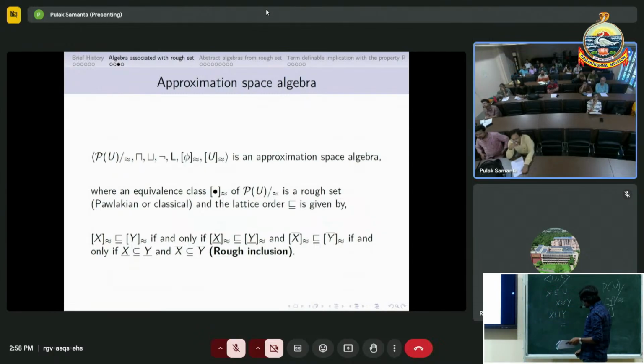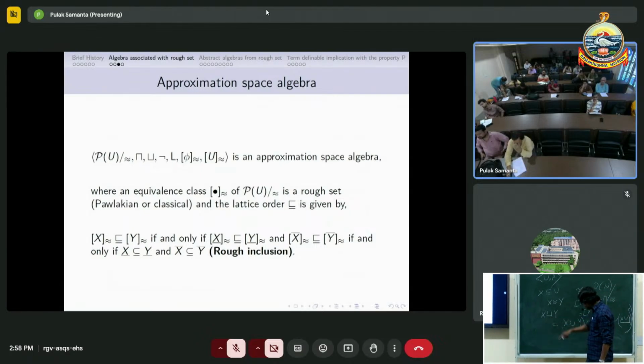This operation is defined in terms of usual union, intersection, complementation, and the upper and lower approximations. So this is x union y, then intersection x union y. We can observe that this operation is defined in terms of usual union, intersection, lower approximation, and complementation.